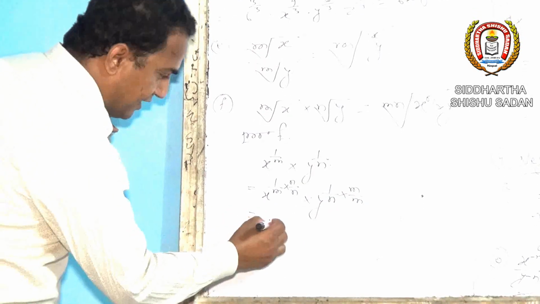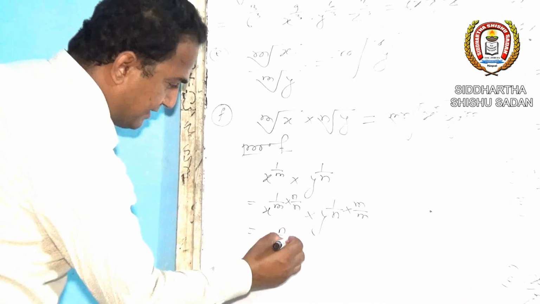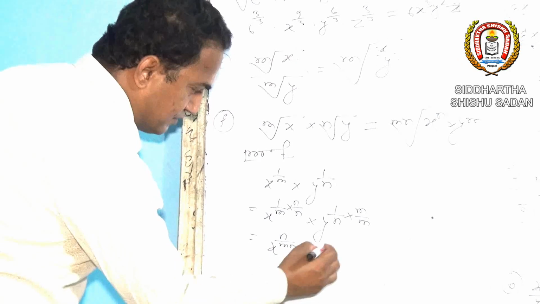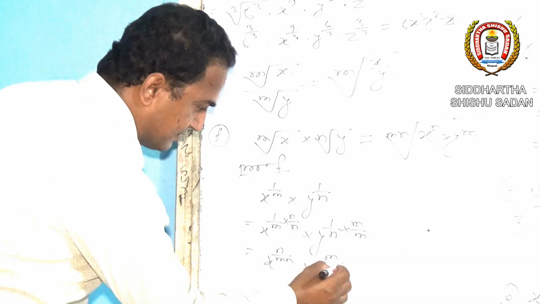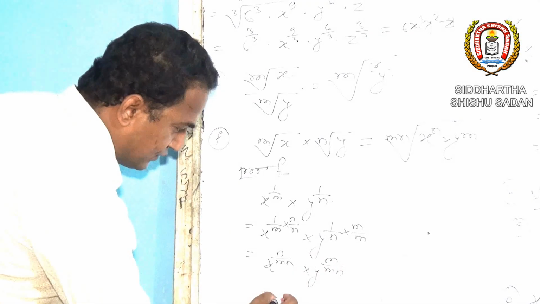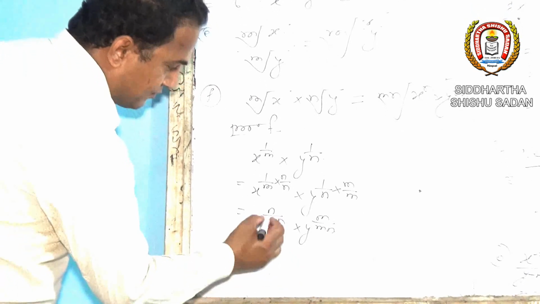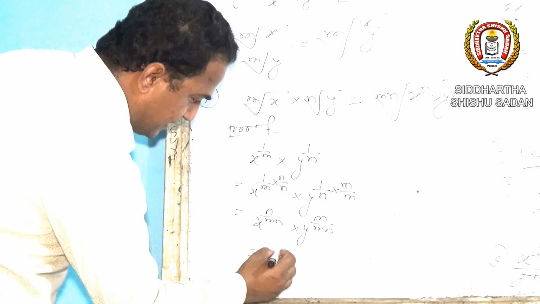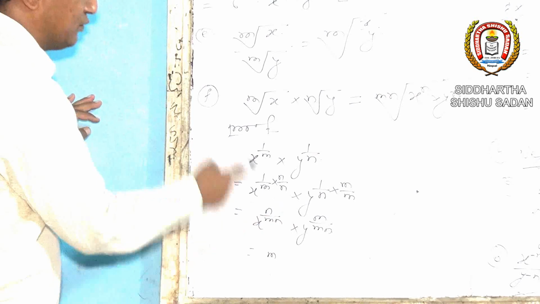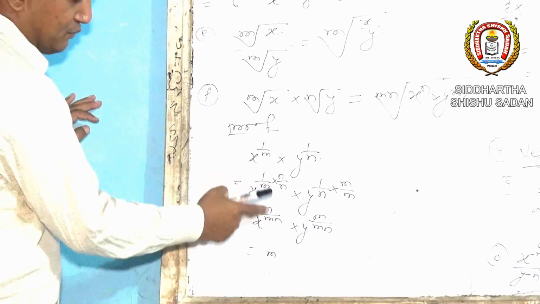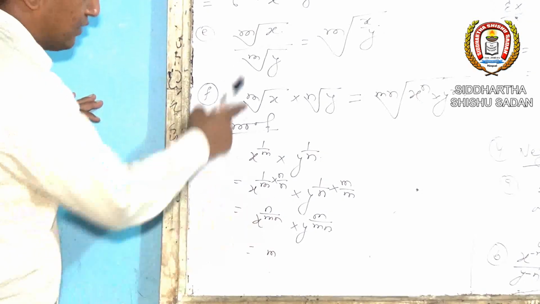It means x to the power n by mn into y to the power m by mn is equal to, here mn. Again we have to change this into the root form.